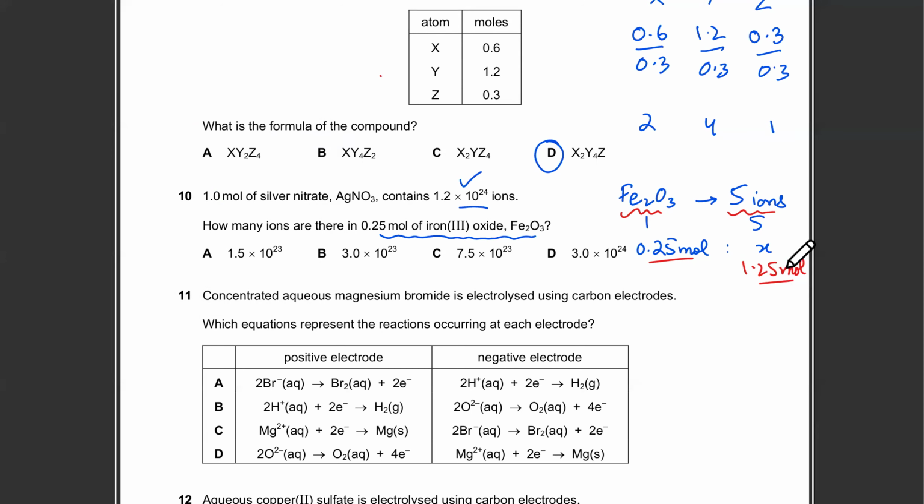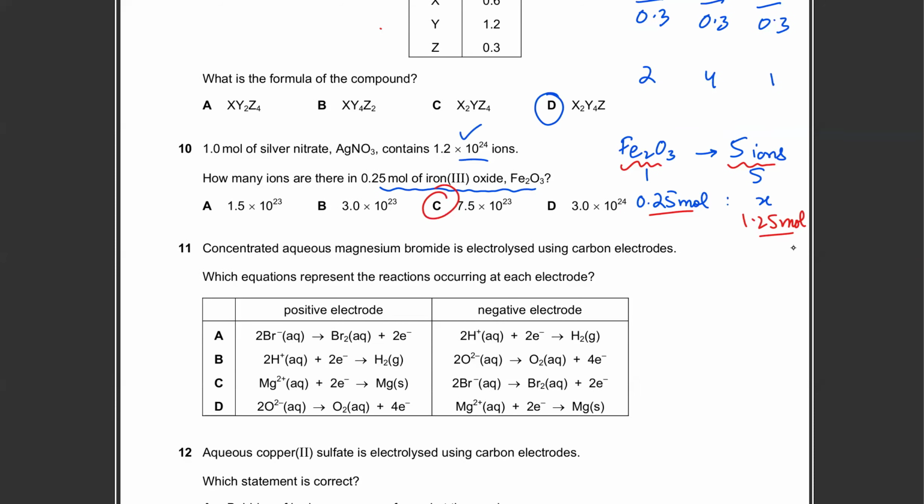You multiply it by 6.02 times 10 to the power 23. That is 7.5 times 10 to the power 23, so C. See, the other information was irrelevant.